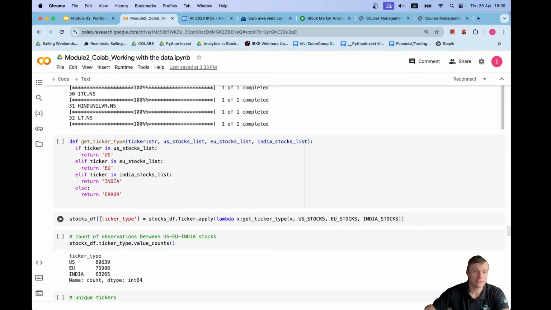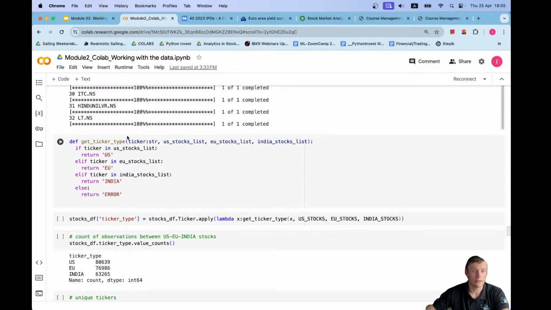In this case it's called ticker type, and we want this field to be over 3 values: US, EU and India. I provide those lists of US stocks, European stocks and India stocks, and the input is a current ticker name.